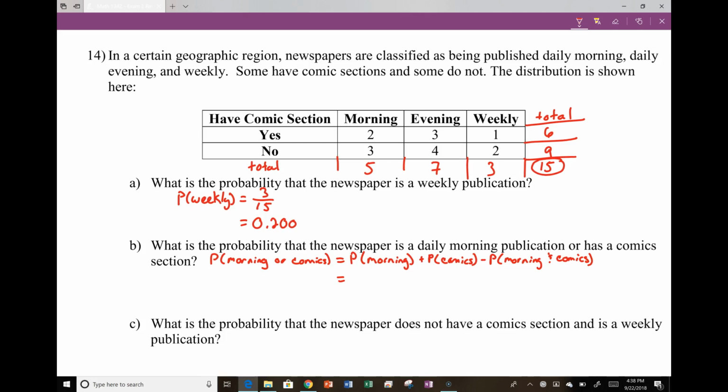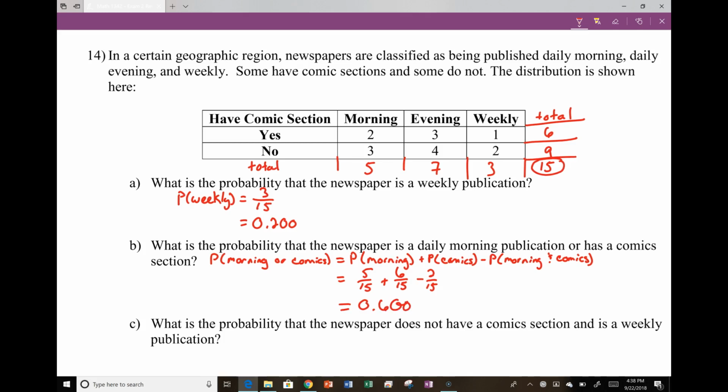So the probability of being morning is 5 out of 15. The probability of having comics is 6 out of 15. Then the probability of being morning and comics is 2 out of 15. I add those up and divide, and I get 0.600.